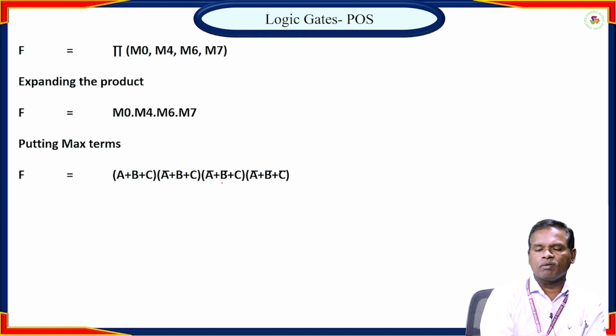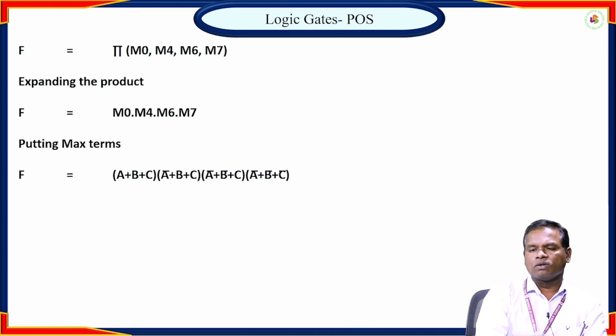So a bar or b bar or c, and last M7, that means all the 3 variables corresponding value is 1. So we have mentioned it as a bar or b bar or c bar. So this is a simple basic representation of Boolean functions, which is nothing but sum of products and product of sums.